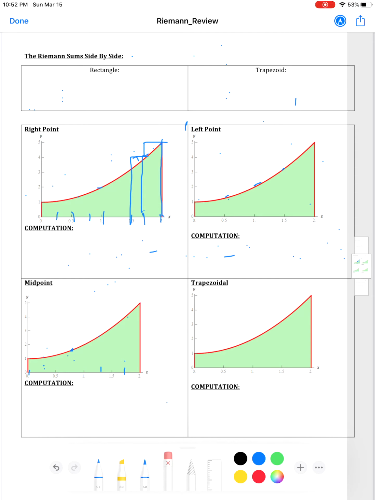I'll just start over here from scratch. But we could see here that the estimation issues that we had with the overestimation become a little bit less severe, but still not ideal. I mean, there's still a substantial amount of overage.